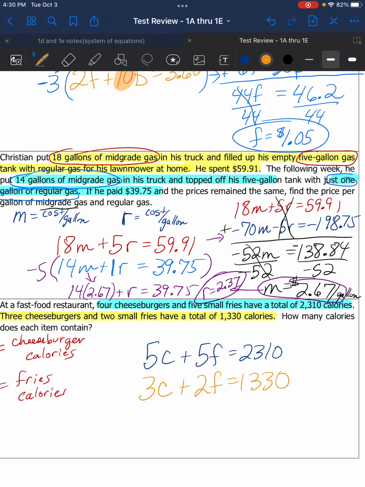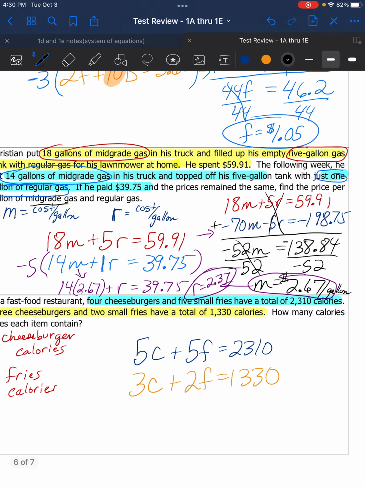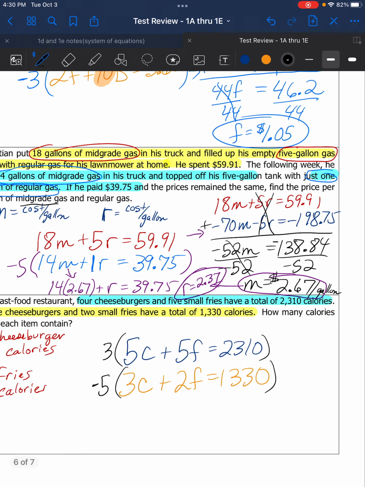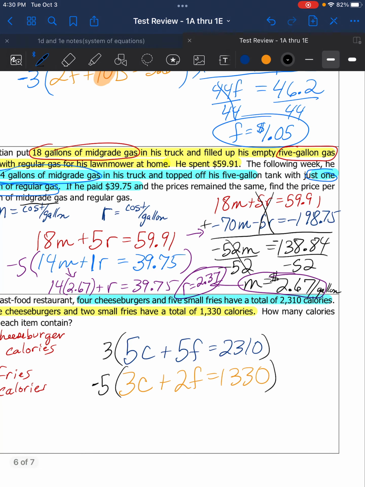Now look, how is this set up? It's again set up for elimination. I'm going to look at my question: how many calories does each item contain? It doesn't matter, I have to solve for both anyways. I'm just going to multiply the top and the bottom. I'm going to choose 3 and 5. That'll give me 15 for the C. I want one of them to be negative, so I'll choose the bottom to be negative.